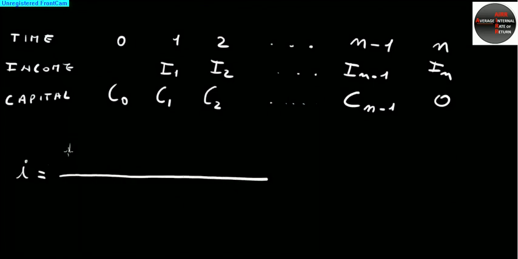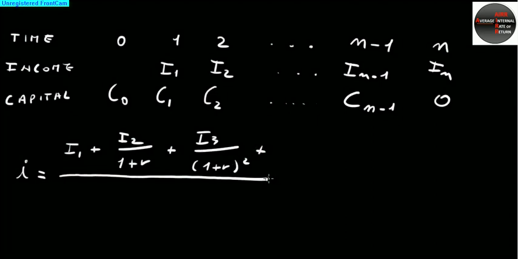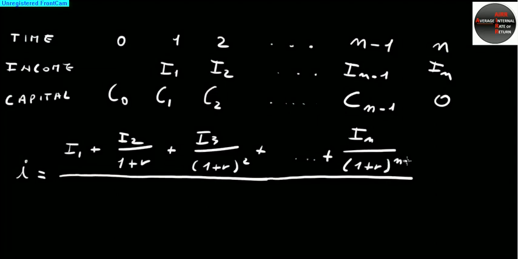Total return is I1 plus I of 2 discounted by 1 period, plus I of 3 discounted by 2 periods, and so on until the last income is discounted by n minus 1 periods.